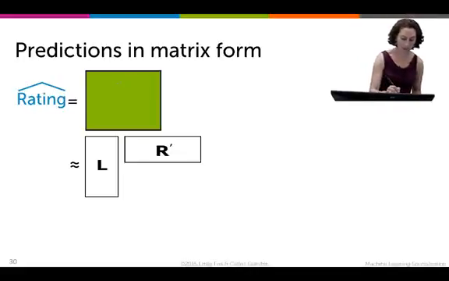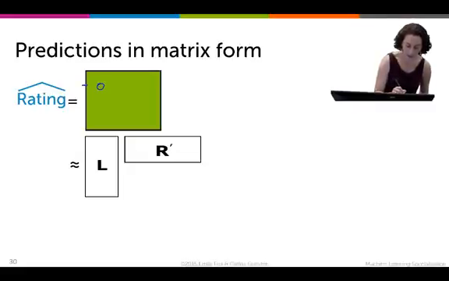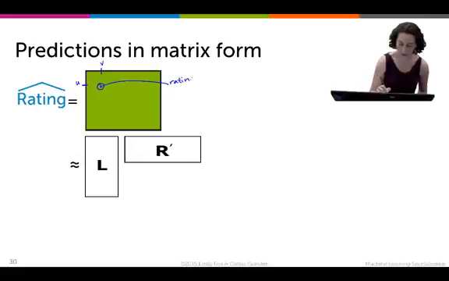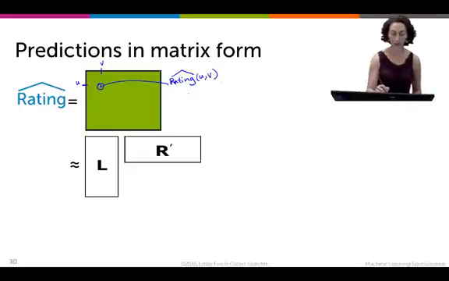So in particular, if we're looking at the score that we're giving to a specific movie V for a user U, so this is the rating predicted for user U and movie V. Well, what did we say that was?